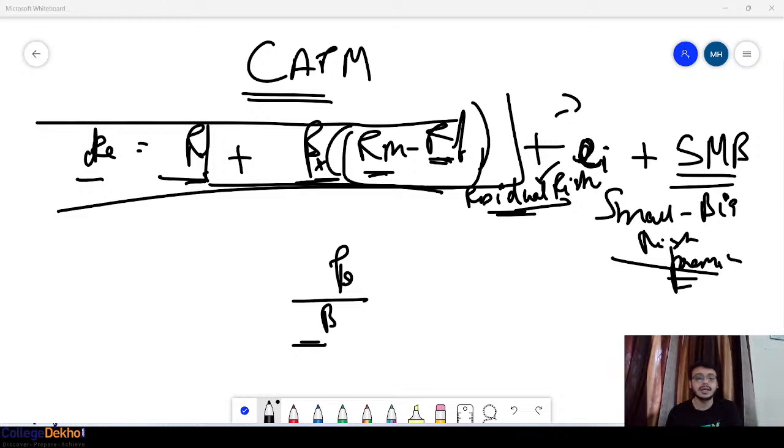The CAPM model comes from capital market theory, and this theory was developed by Mr. Markowitz, who had the Markowitz portfolio model.